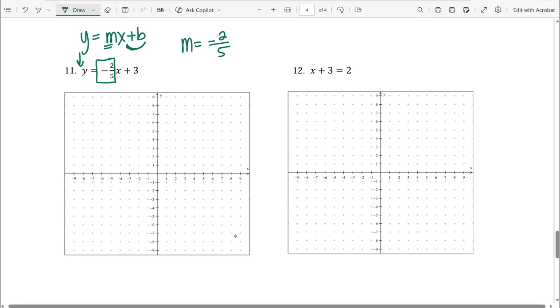And whatever number is by itself is what I read off as my y-intercept. Meaning 0 is going to be the x, and I use 3 on the y-axis. 3 on the y-axis, the y-intercept, is what I start off with, plotting for my starting point.